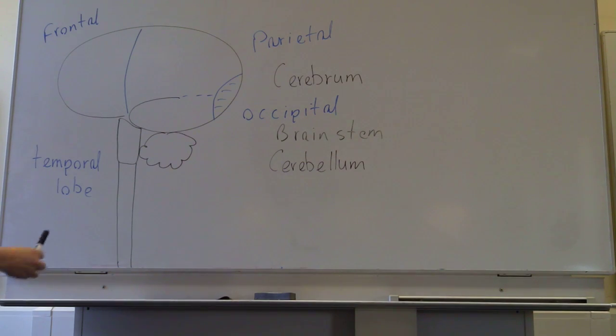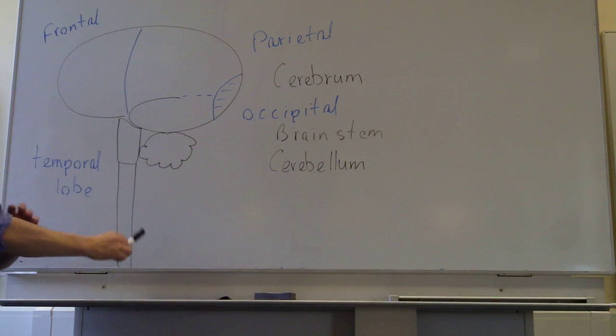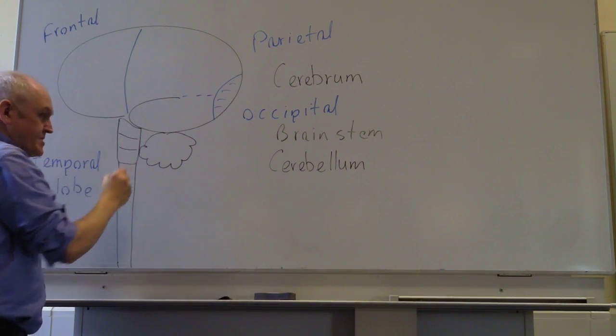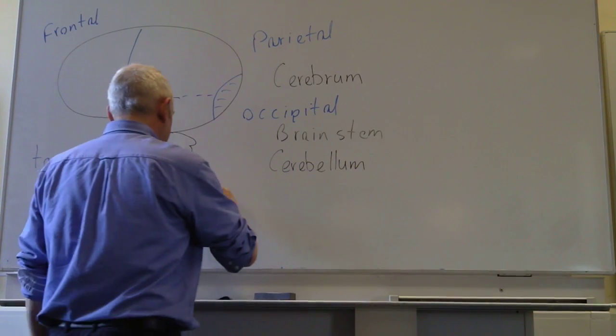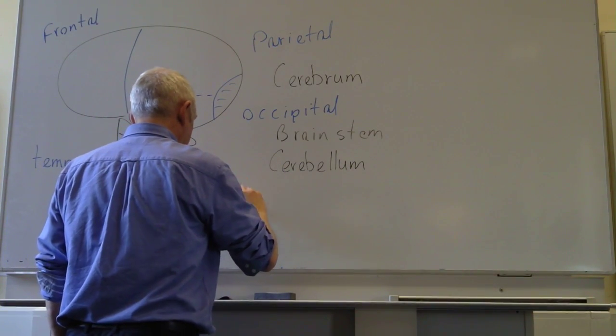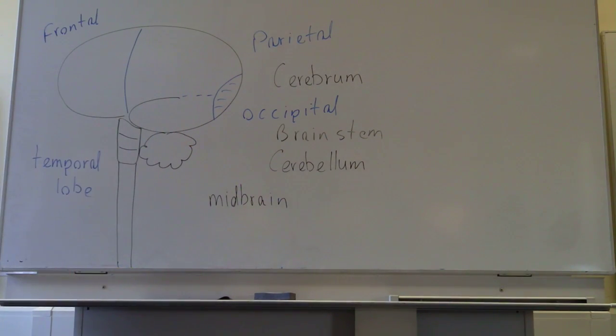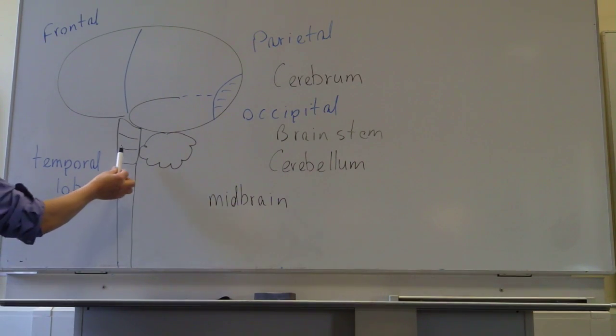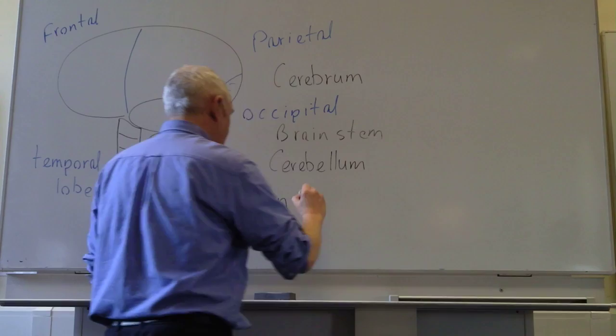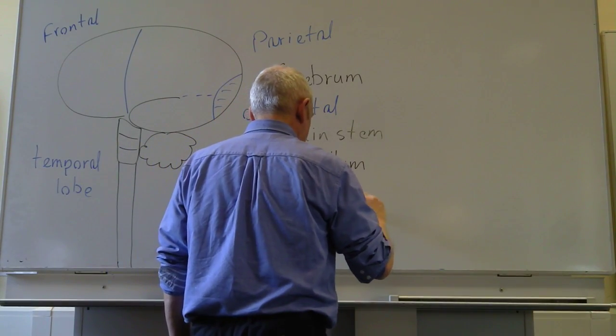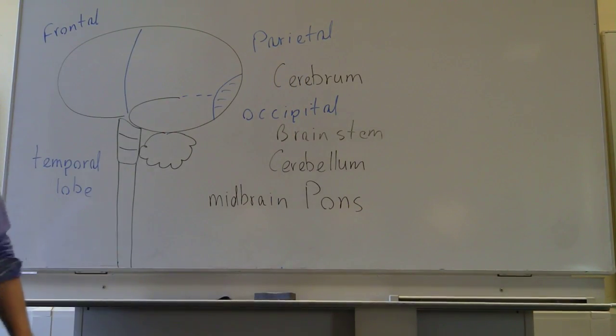Now this is the brainstem here, and this is actually divided into three areas as well. The top part of the brainstem is called the midbrain. And the middle part is called the pons. And the lower part you probably know already.